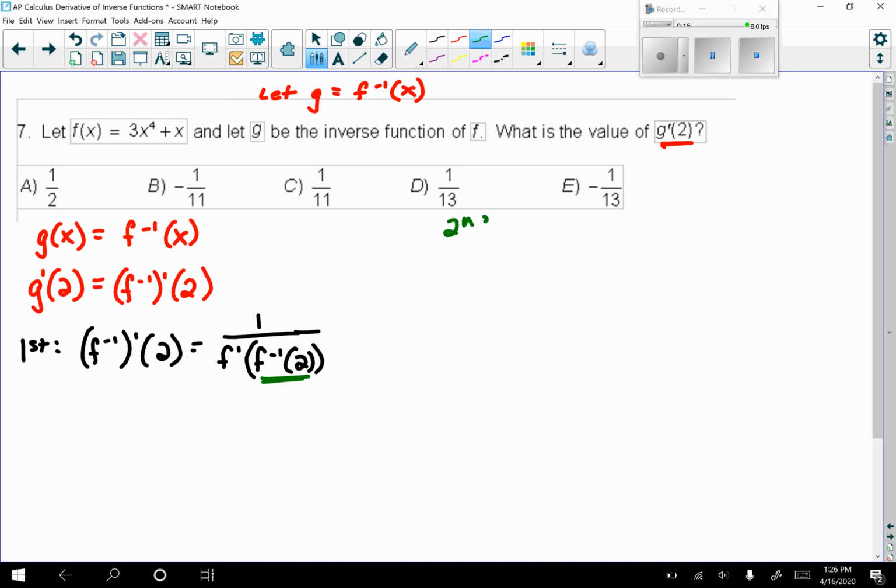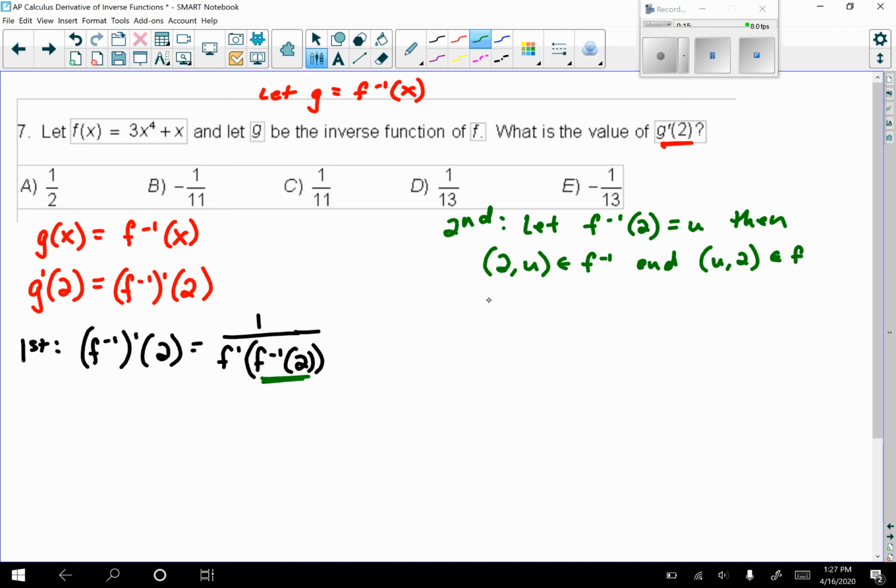So our second step off to the side here is we're going to let the inverse of f of 2 equal u. We'll write it that way first. Then we know that the point (2, u), just like the last one, is contained on our inverse function. And then the point (u, 2) is contained on our function f of x.